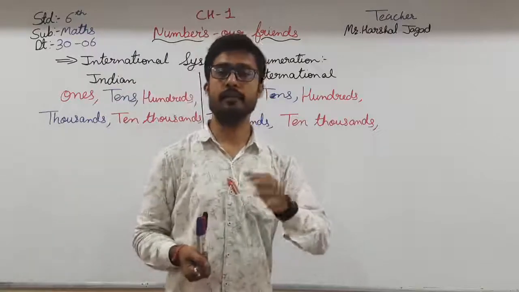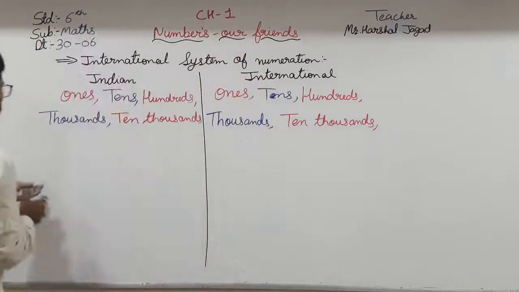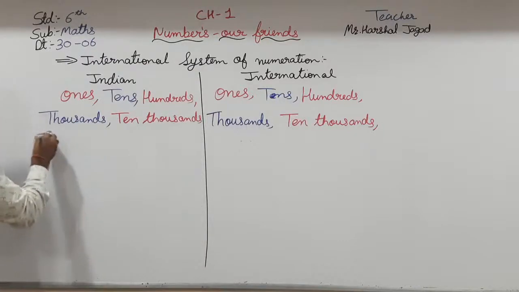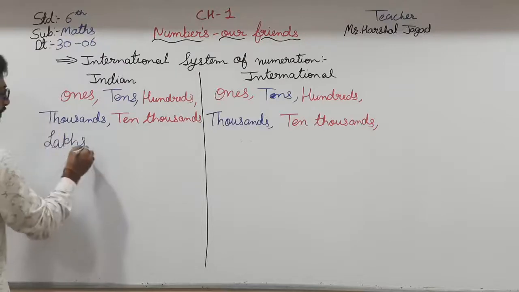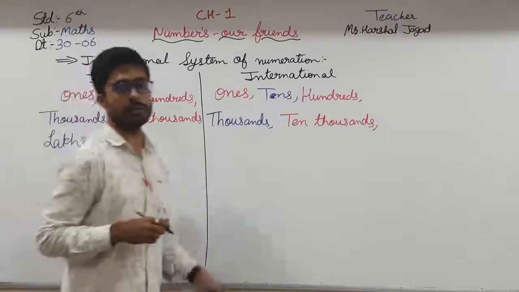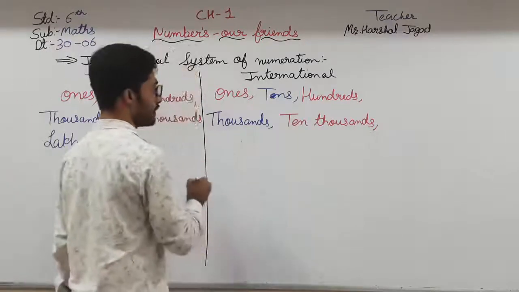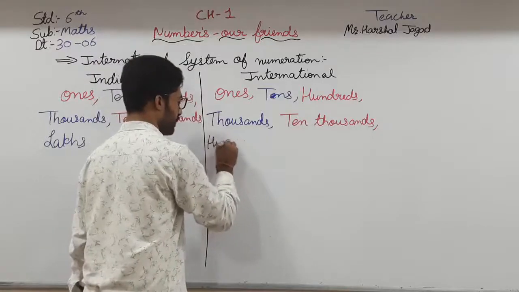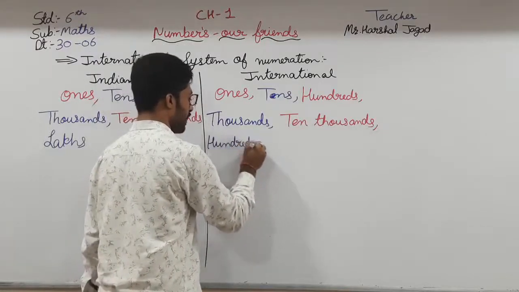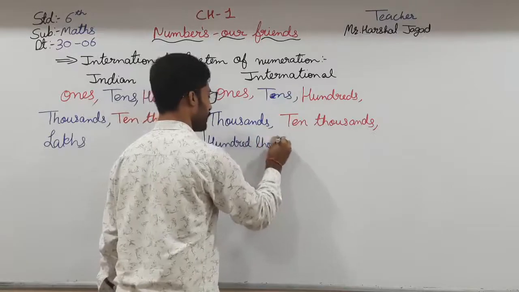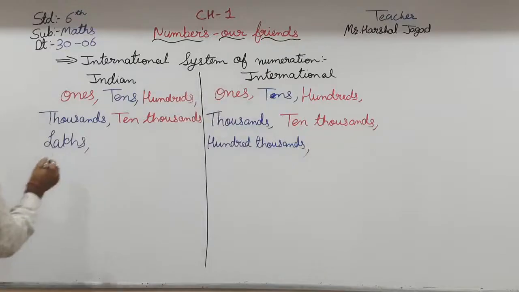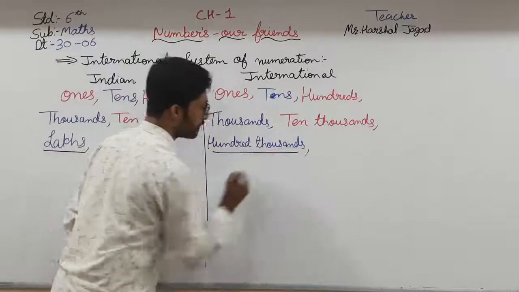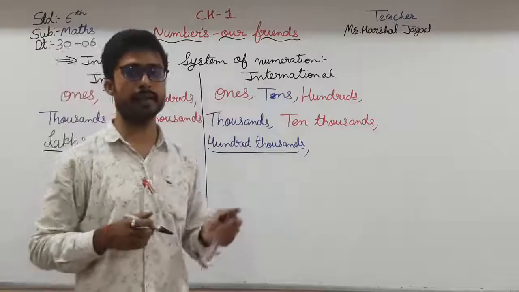Then after, it is different. Here it will come lakhs place, and here it will be 100,000s. So from here it is different, so I am just underlining that.